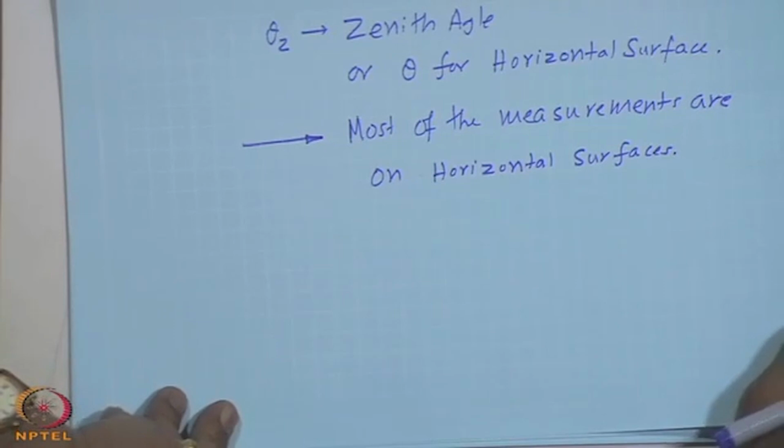And there is a good reason for it. The instrument can be just kept horizontal. The second part is, if you choose a particular angle, that may not be the only application that you are thinking of. You may have a vertical wall, you may have an angled solar collector, and for some other application you may choose any angle, because so many measurements are not possible. So, most of the measurements are on a horizontal surface, from which we try to find out the conversion factors to calculate on any desired surface.